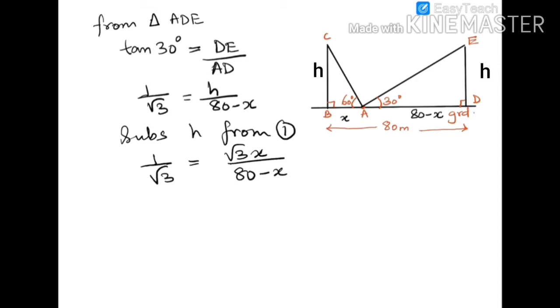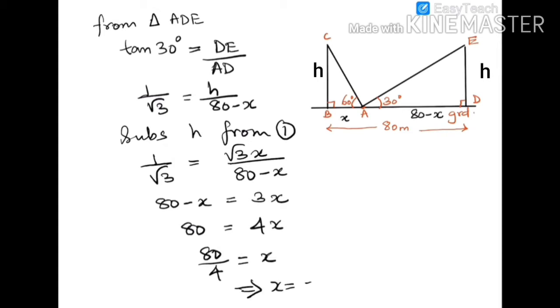Cross multiply. So we get 80 minus x equal to 3 times x, because root 3 into root 3 will be 3. Carry x to the right side. So we get 80 equal to 4 times x, or 80 upon 4 is equal to x. This implies x is equal to 20 meters.